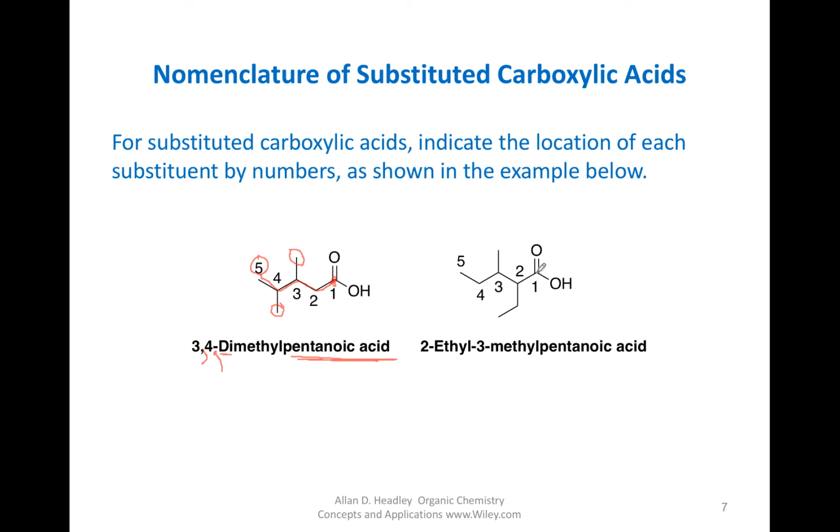Here's another example. Here's the carboxylic acid right here. Here is the carbon of the carboxylic acid. The longest chain again is here, 5 carbons. So it's pentanoic acid because of this functional group. On carbons 2 and 3 are substituents, so we have to name this.